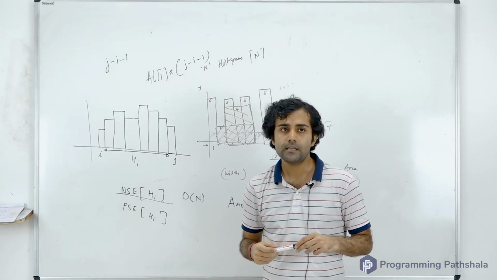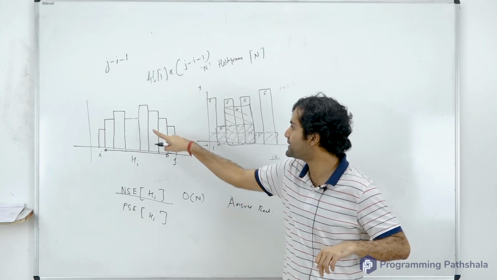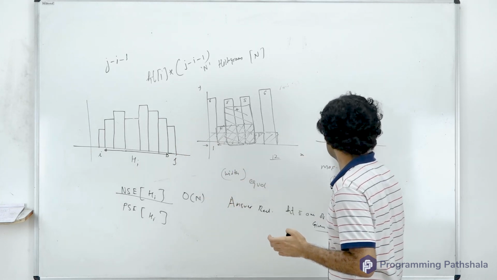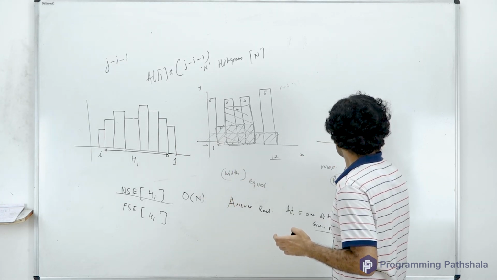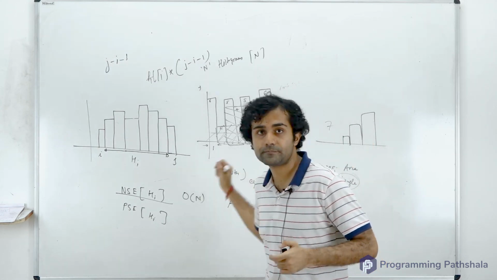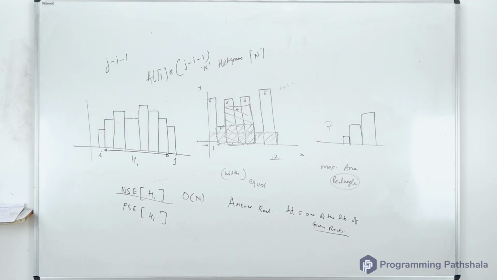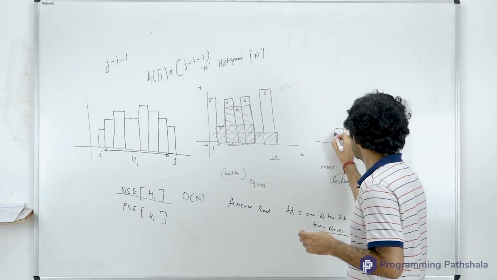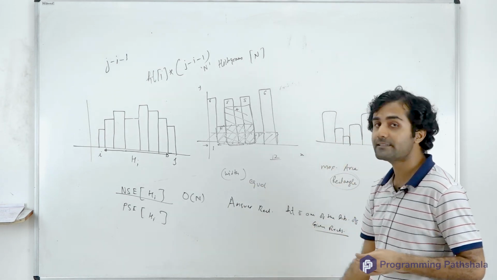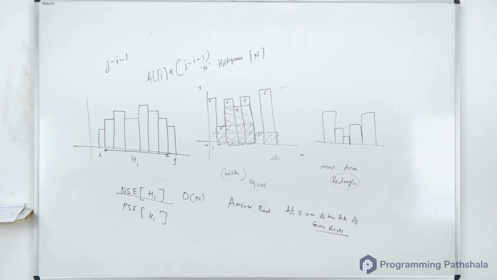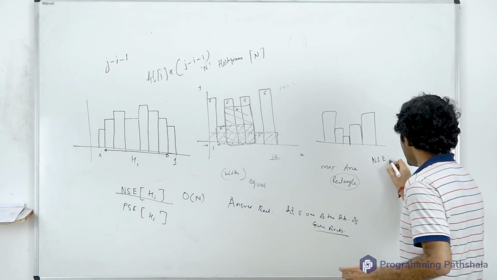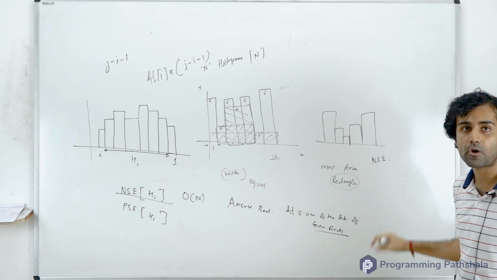One question: can it not happen that for a particular histogram there is no next smaller? Can it happen or not? Similarly, can it not happen that for a particular histogram there is no previous smaller, right? So what will you have as the next smaller if there is nothing which is next smaller than that?